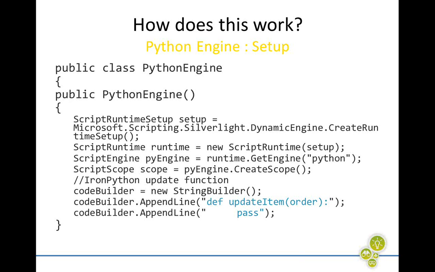So that means this is a Python function where pass in Python is like do nothing. I create the body of a Python function, and I am right now doing nothing in that function. Going forward, I will update this string builder to keep adding code within the order object, as we were seeing there.